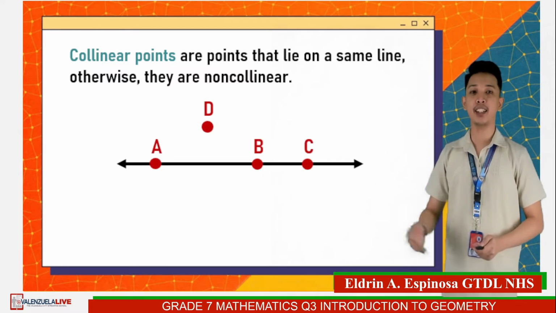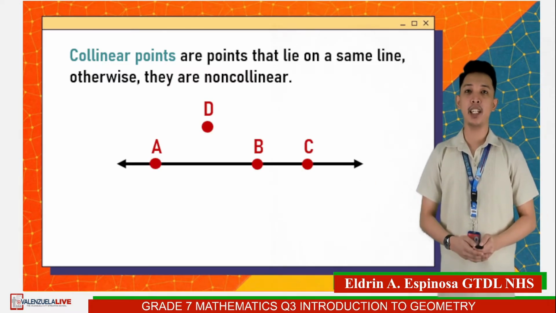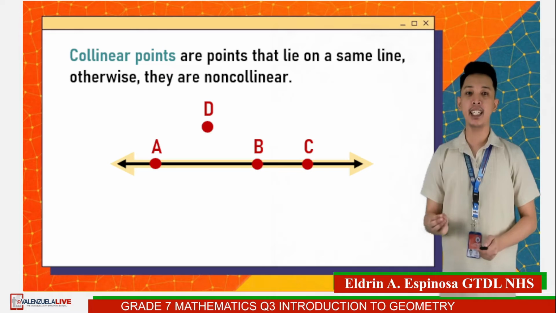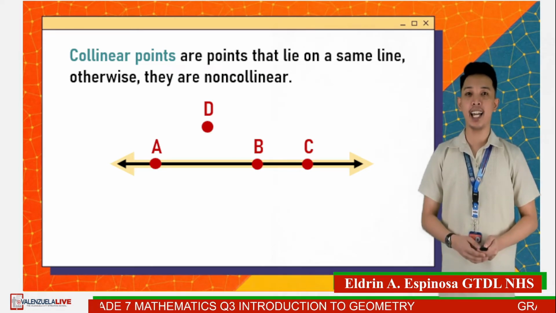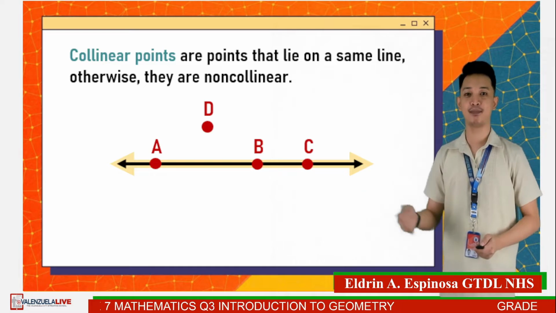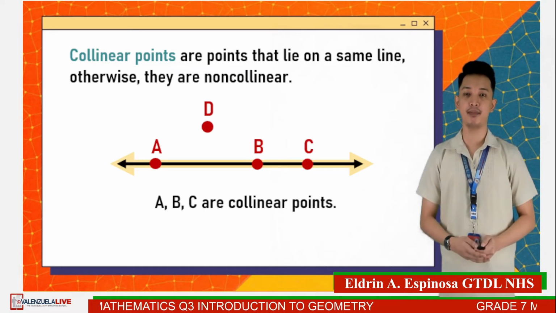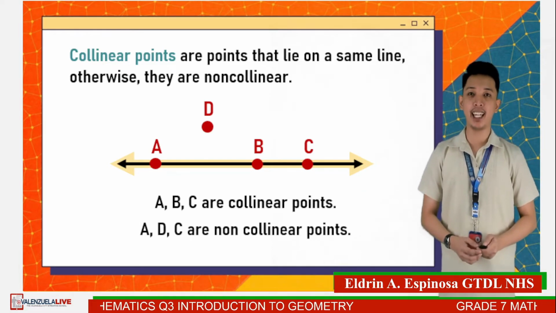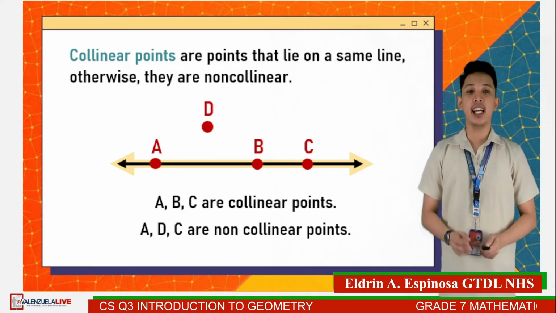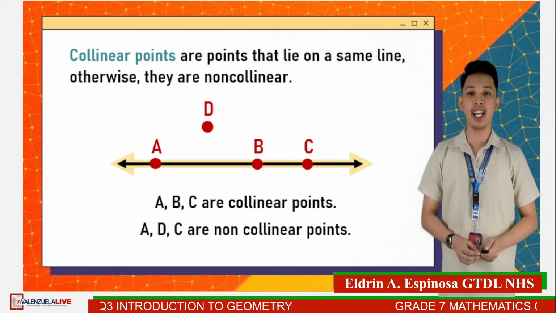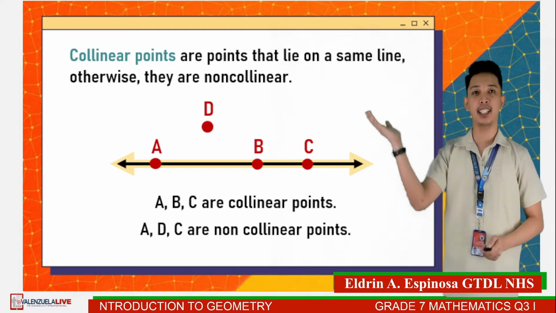For example, in this figure, points A, B, and C are collinear since they all lie on the same line. Points A, B, and D are non-collinear since they do not lie on the same line, specifically point D.